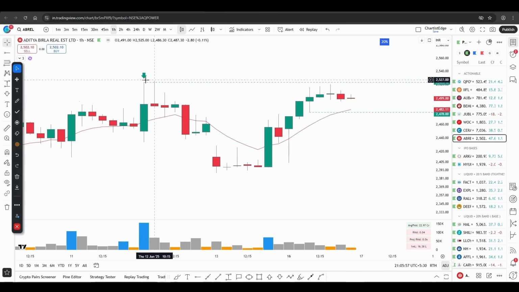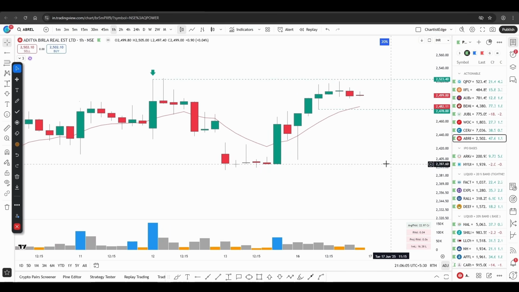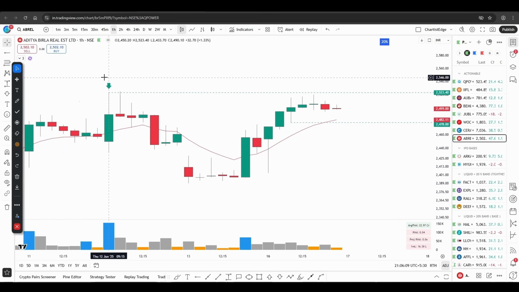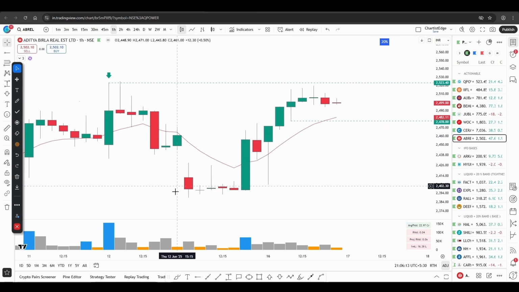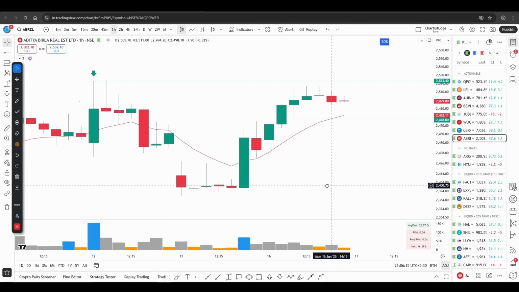So this is our LHS side on the smaller time frame, and this is our RHS side. The volumes are also not present, so I am expecting some kind of volume activity if it gives a breakout.